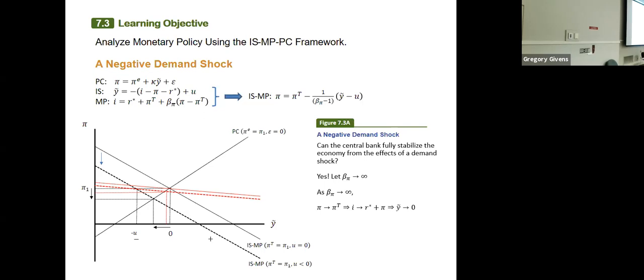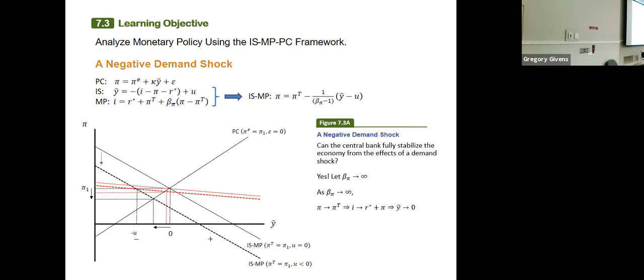Now, let's think logically about why this is happening. Suppose there's a demand shock that causes the output gap to fall, and through the Phillips curve, it causes inflation to fall. Now, Levi is my central banker here. Levi, you see that inflation is falling below target.